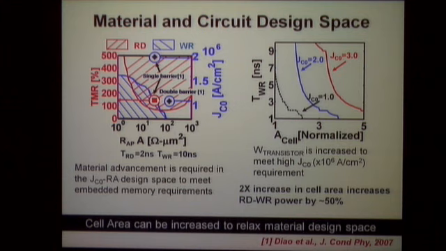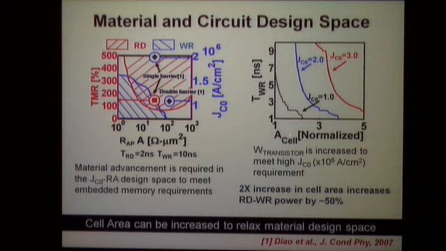And we see that there are typical cells, single barrier cells, double barrier cells, different kinds of cell configurations, which fall into this category and into this area, and which essentially tells us that some of the material design specs that we already have are pretty good for meeting embedded applications. And there is a lot of work going on in making them better. But it's already pretty good in terms of where as a circuit designer we would like these to be.